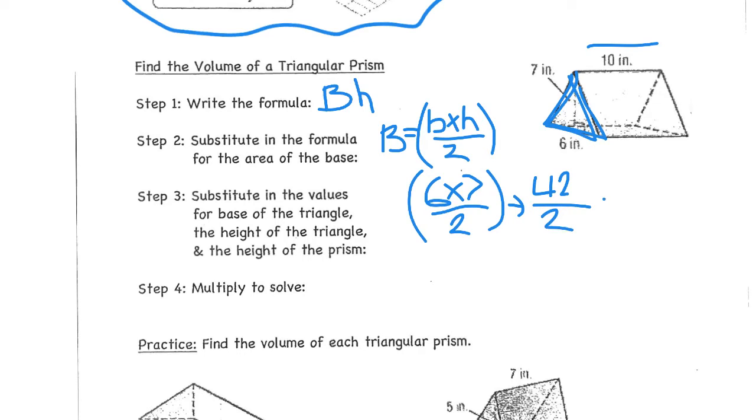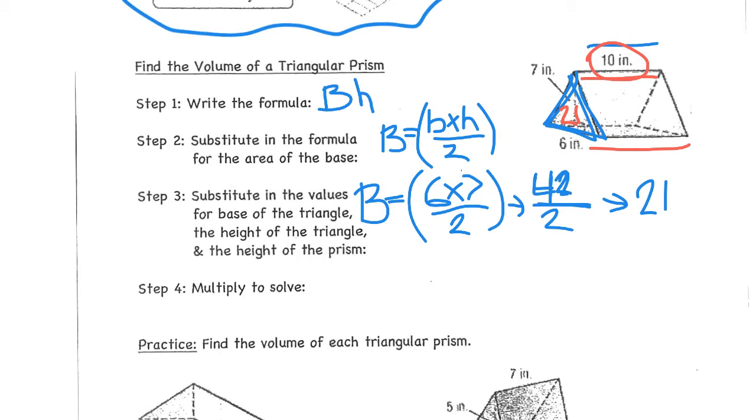Then 42 divided by 2, which I know this looks like a fraction, but that just means divided by 2, is going to get me 21. Now all of this was just to find my big B. I just found that this is 21, but I still have to multiply it by the height, which is 10.